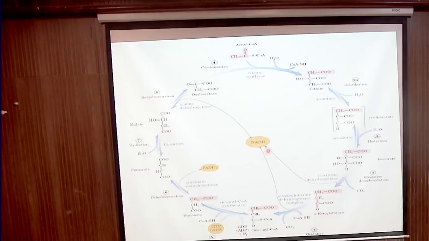So 2 steps back to back produce NADH. The enzyme is alpha ketoglutarate dehydrogenase complex. This is an oxidative decarboxylation, the 4th step in the citric acid cycle, which is giving you succinyl-CoA.